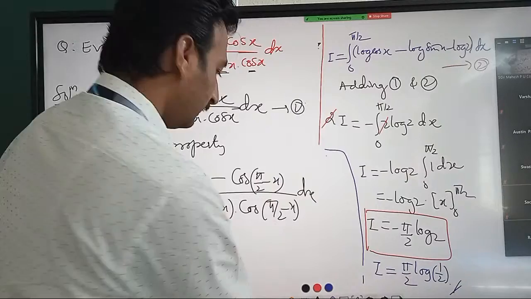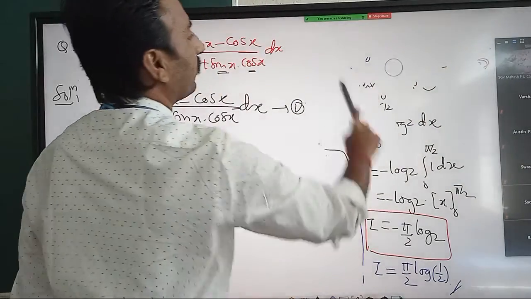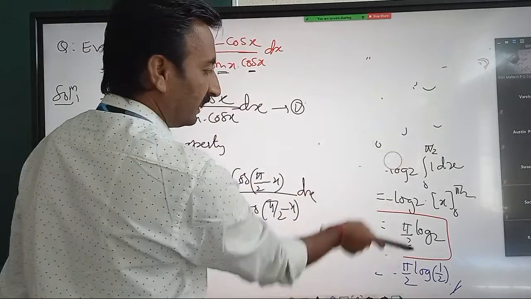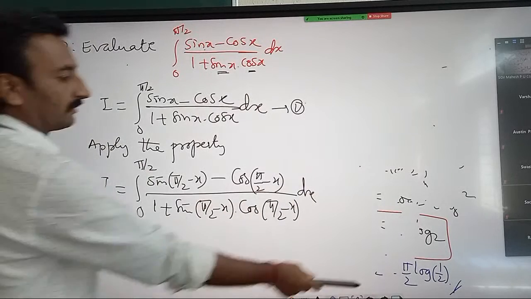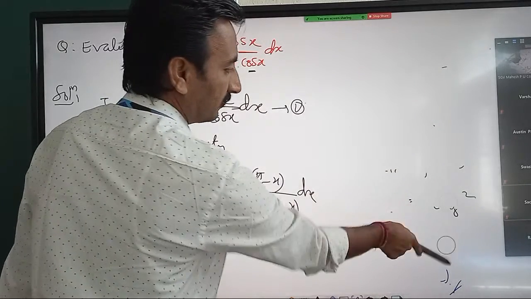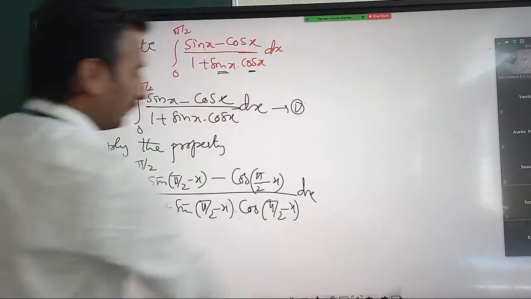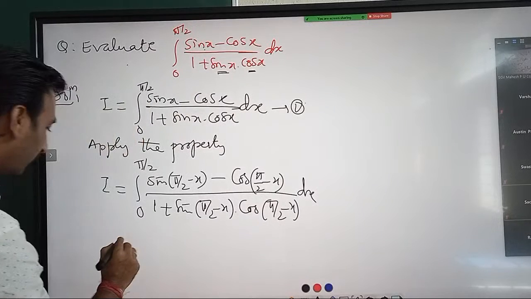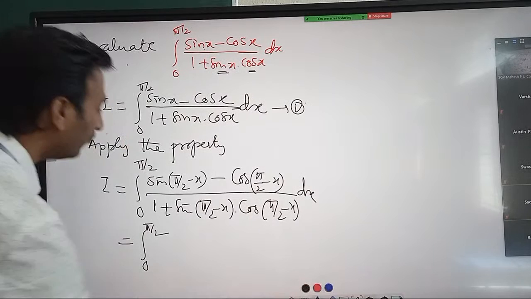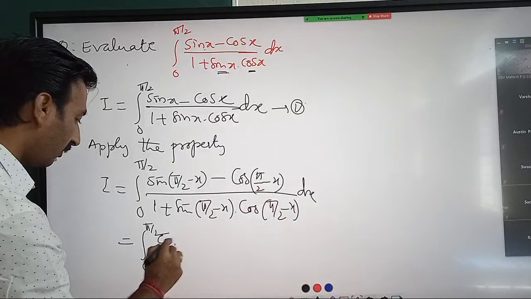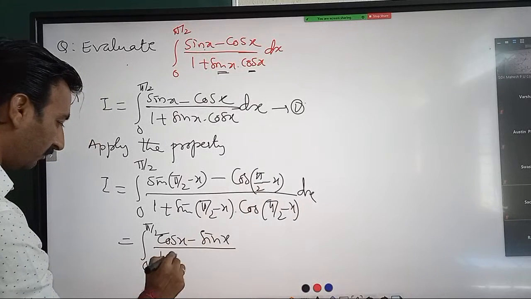Look at this one. Then what I can do here is very simple. It is 0 to pi by 2, so what do we get here? We get cos x minus sin x, whole divided by 1 plus cos into sin.